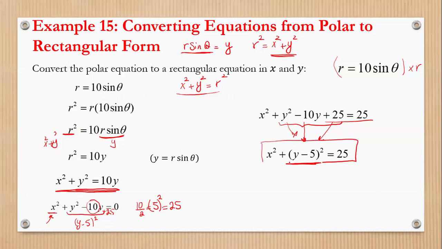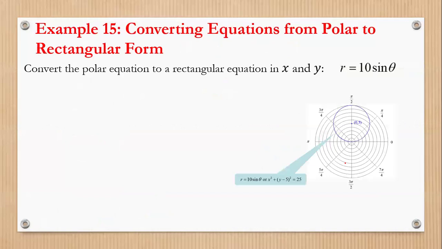Still this is the equation of a circle. But the center of this circle is not the origin because of the parenthesis that we have here. The radius of the circle is 5. But we have that equation in terms of x and y, and you can see the graph here.